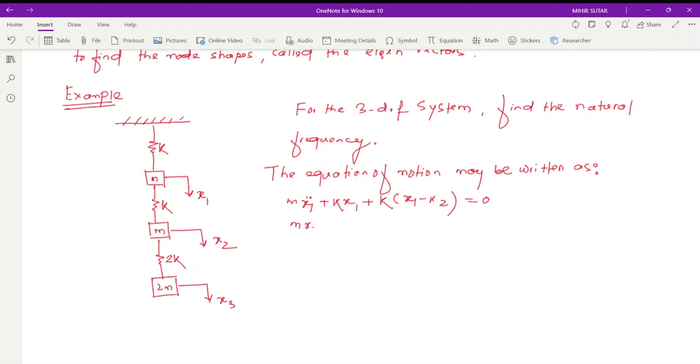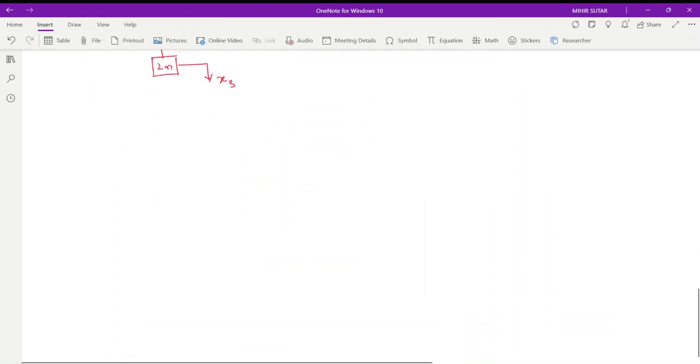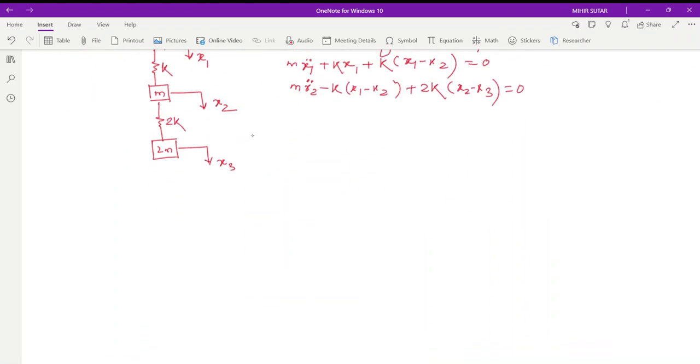Then m x2 double dot minus k (x1 minus x2) plus 2k (x2 minus x3) is equal to 0. Then we have 2m x3 double dot minus 2k (x2 minus x3) is equal to 0.